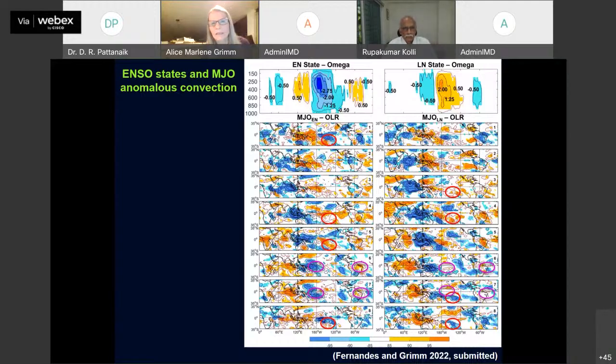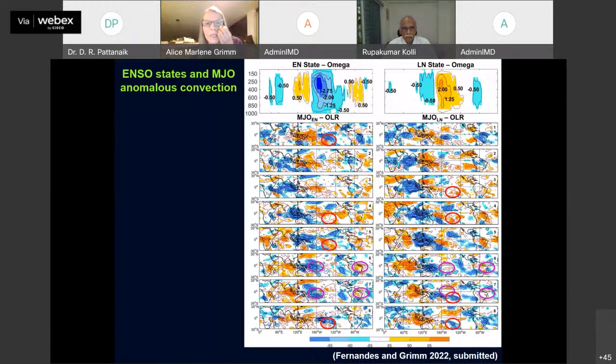Well, here we can see some features comparing OLR anomalies for El Niño and La Niña.